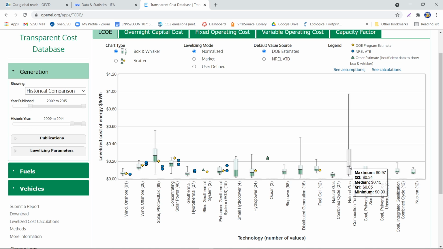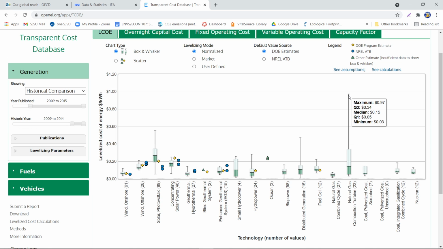Combined natural gas combustion is 15 cents, a little bit more than coal, but still lower than solar. Combined cycle gas, now we're looking at 5 cents, much lower. These are outliers, so you see these are maximums here.